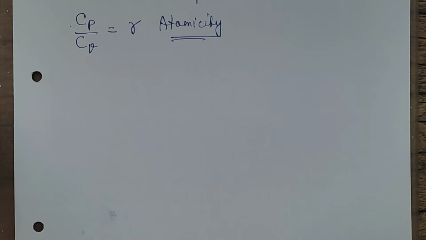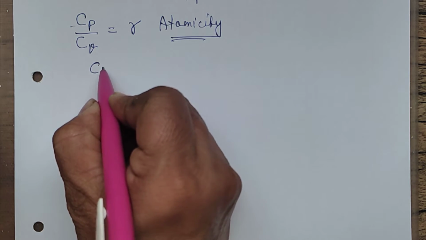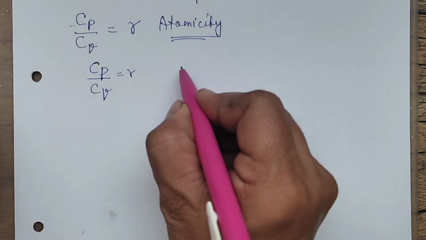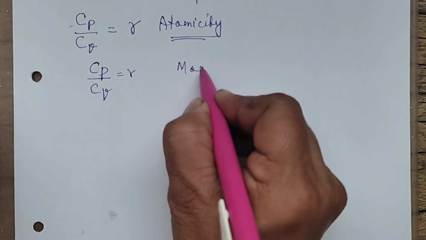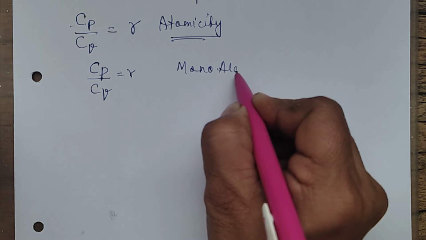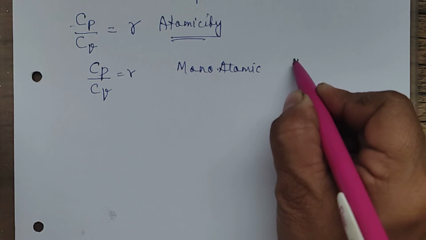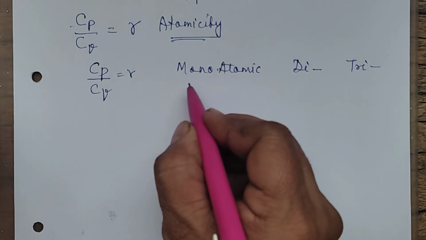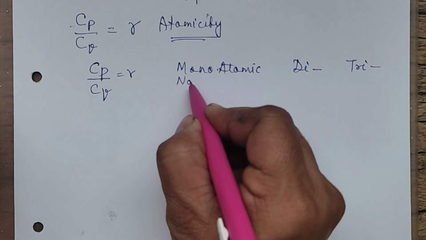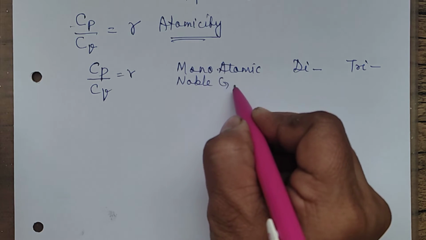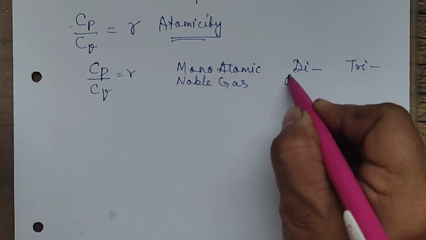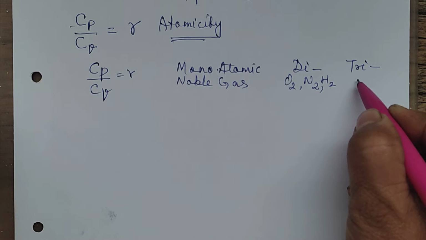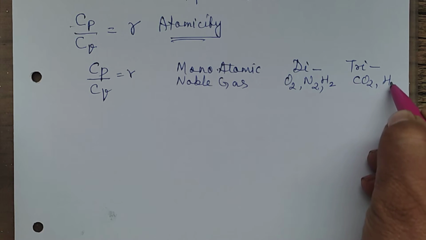These Cp by Cv values, that is gamma, are known for monoatomic, diatomic and triatomic gases. Monoatomic gas means all noble gases: helium, neon, argon, krypton. Diatomic, you can have say O2, N2, H2, Cl2. Triatomic, you can have say carbon dioxide, H2S.